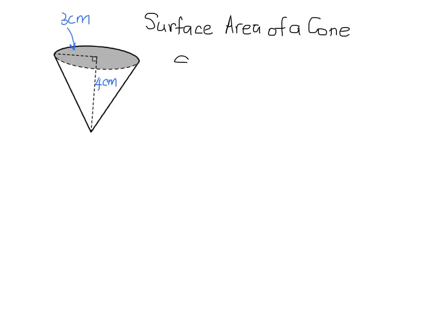And the surface area for the curved part of the cone would be equal to pi r L. So we haven't seen L too much, and L is very unique to this shape. L is the slant length. So it's like you have a ruler and you're measuring the cone from its tip to the circumference of the circle.